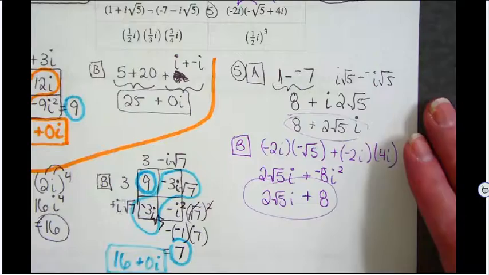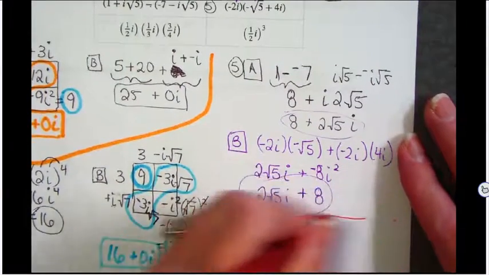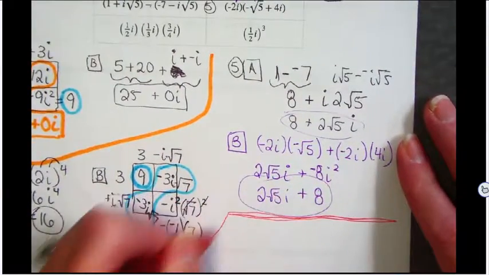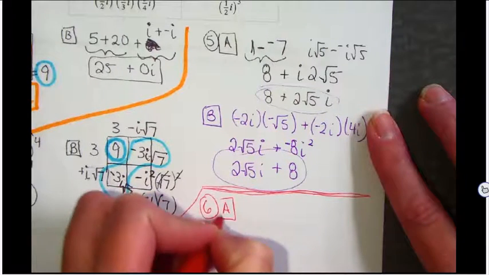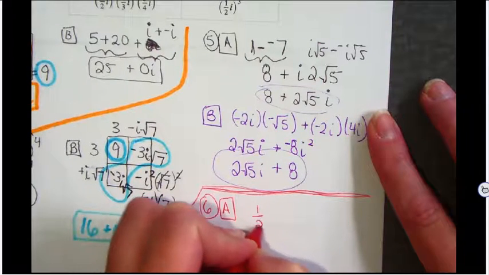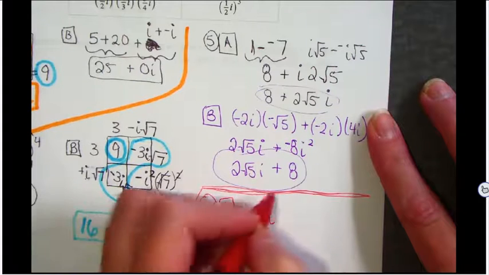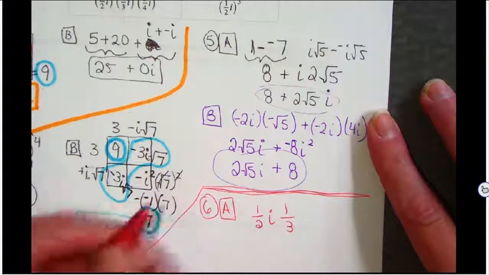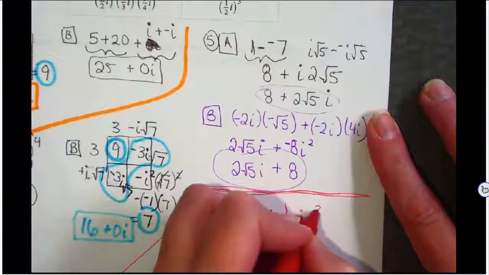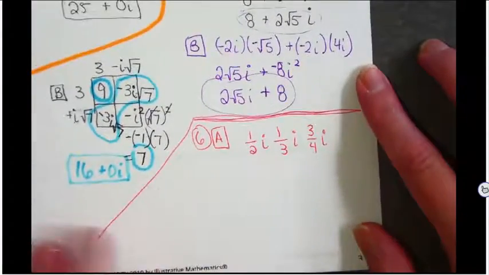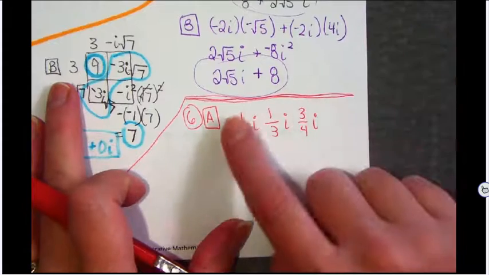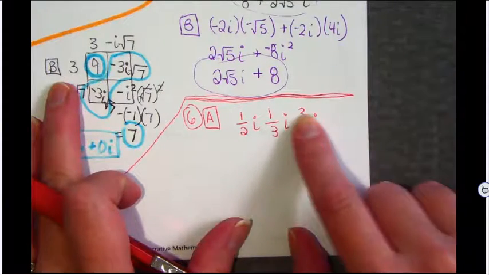Last but not least, hang in there with me. We've only got one more to go. Number 6, that very last one. Partner A has a series of fractions and i's all multiplying together. And when we multiply fractions, we can multiply straight across the top.